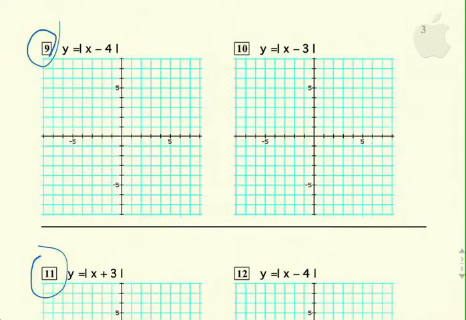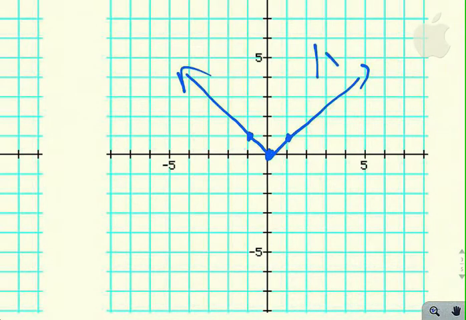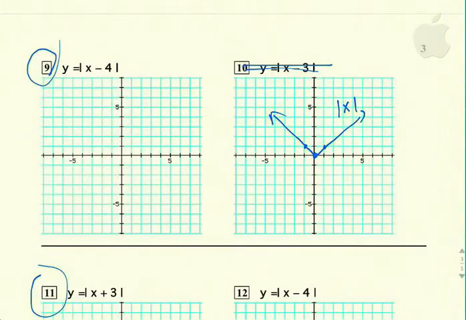Number 9. Again, let's remember what the absolute value looks like. We'll put it right here as a reference. Remember, it's V-shaped, not U-shaped. Well, in number 9, what's going to happen?